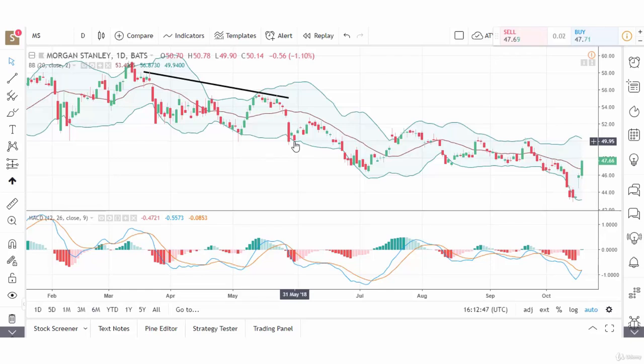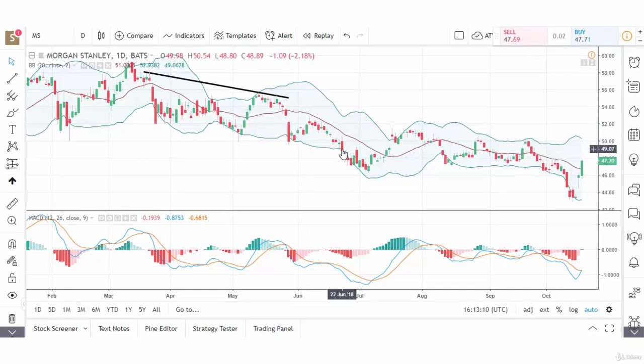What we'll find is the stock hits that lower band, and then we can use the smooth moving average to reinitiate a position. As the stock moves back up and touches that smooth moving average, we can reshort here around 52.5 and use the bottom band as a target.